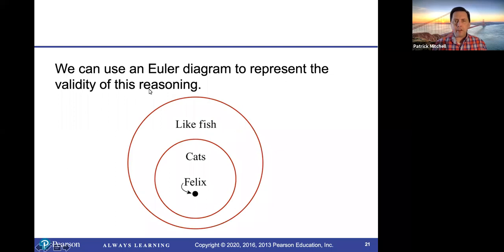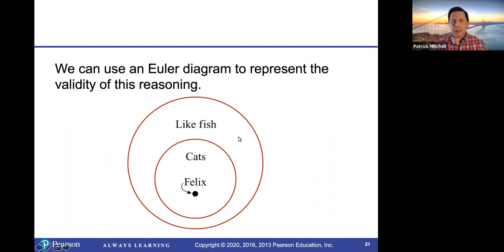Notice how I pronounce this word. It looks like Euler, but it's pronounced Euler. It's German. Euler was one of the greatest mathematicians of, I believe, the 1800s. And so these diagrams are named after him. So the first hypothesis was all cats like fish. So the circle representing cats goes inside the circle representing things that like fish.